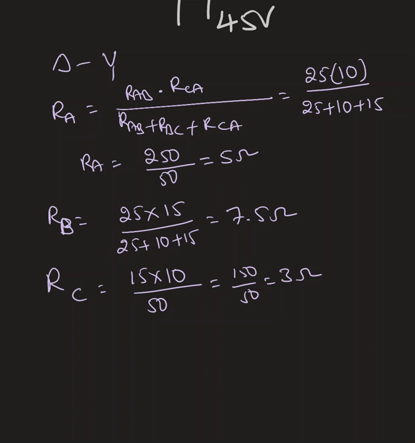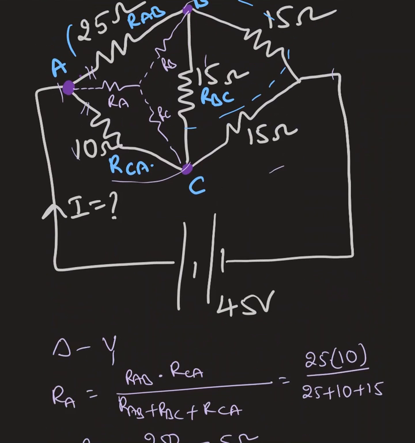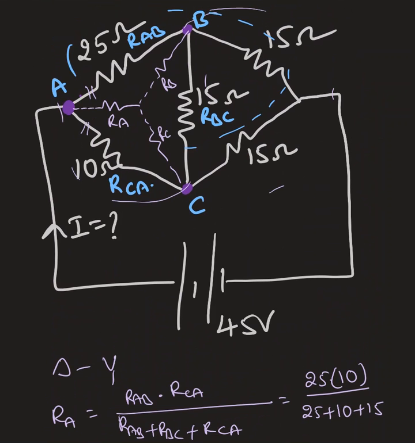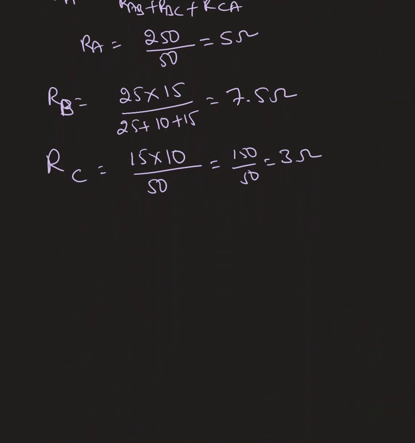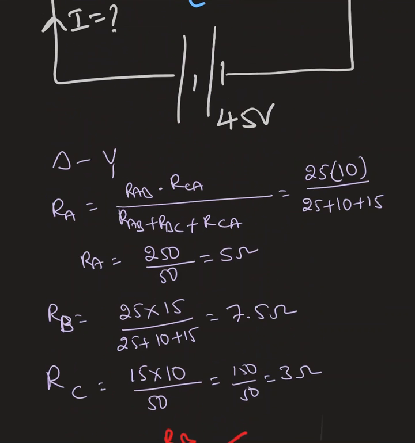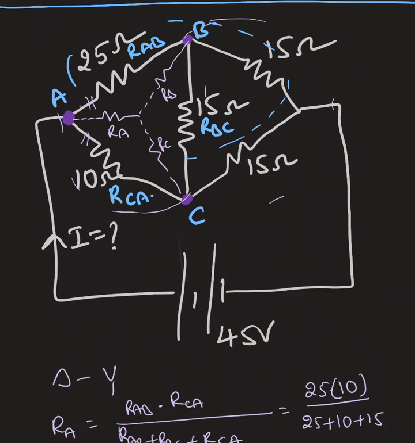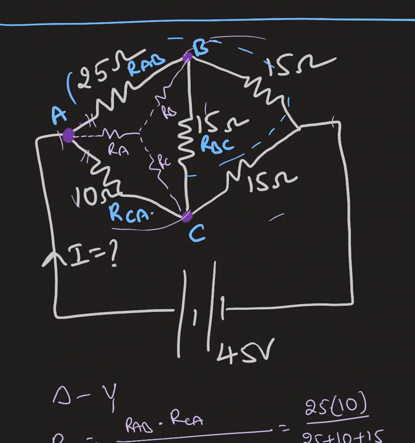Now I'm going to put these new elements in by eliminating the old elements. The biggest mistake I have seen in the past is that many students draw both RAB as well as RA, which is not true. So here I have RA, RB and RC.